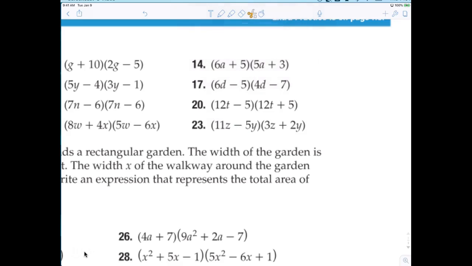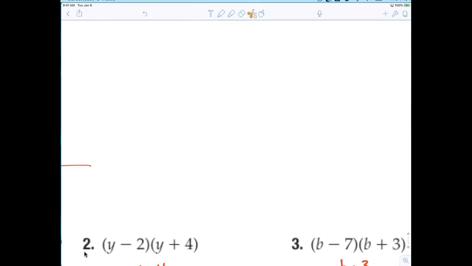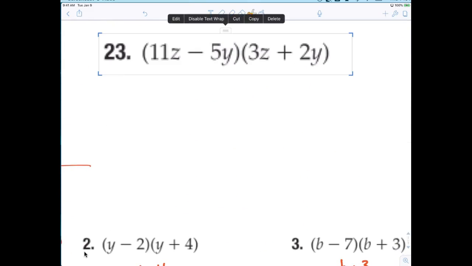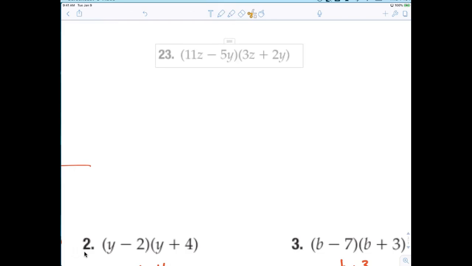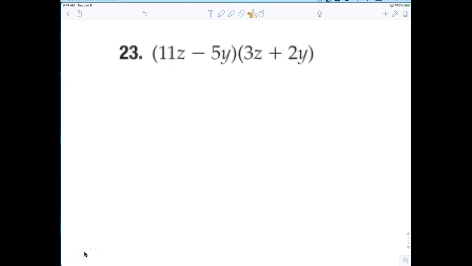I'm going to put 23 down, and you should be able to tell me why 23 is different than the others. Because we have two variables. It's no different whatsoever.